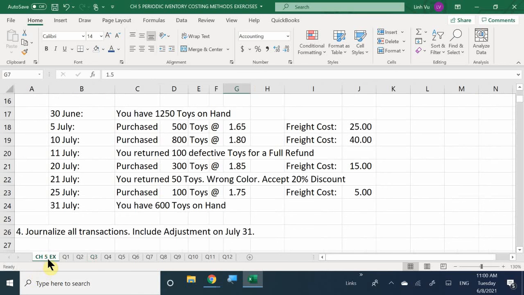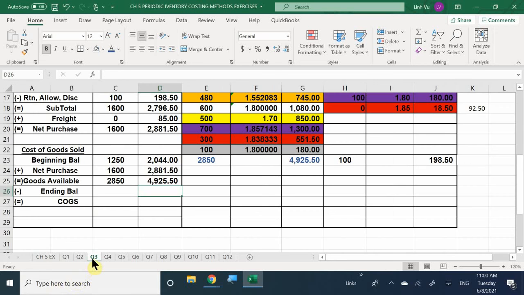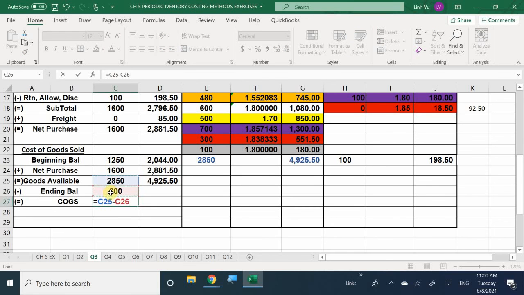Back to the scenario, we know that we should have a total of 600 toys on hand. Okay. So therefore, in grand total, how many items did I sell? 2,250.